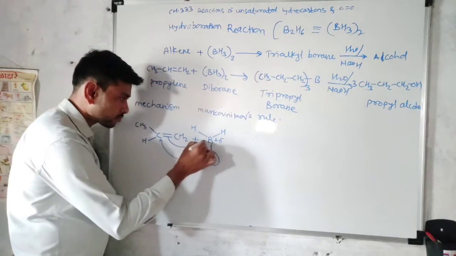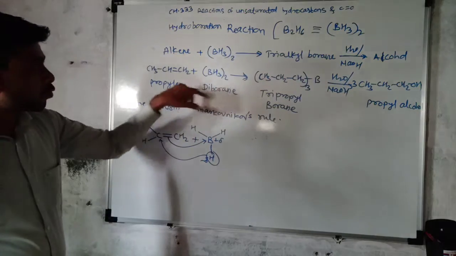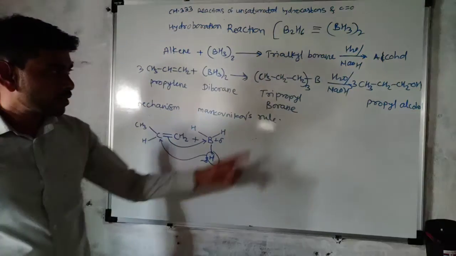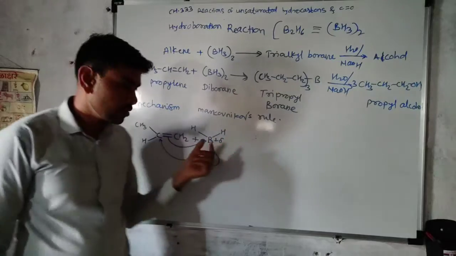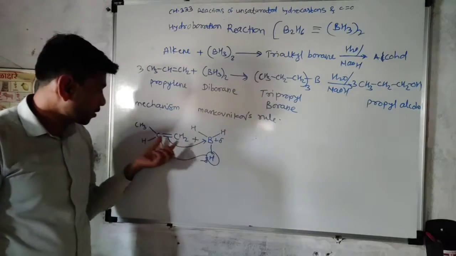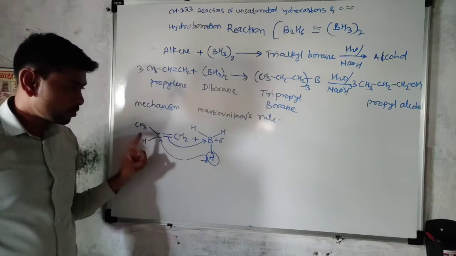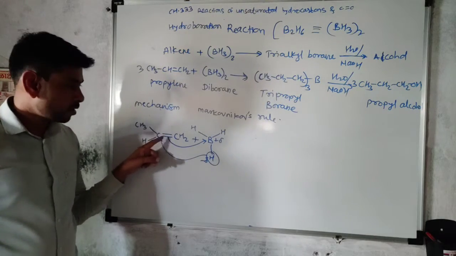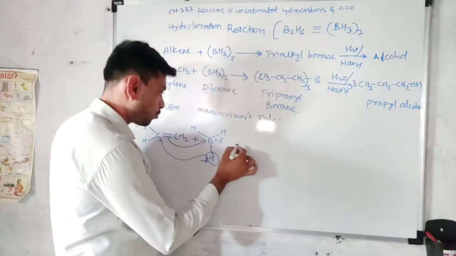And 3 moles of alkene are required for this reaction. With the first mole, 1 hydrogen is transferred and the borane attaches here.